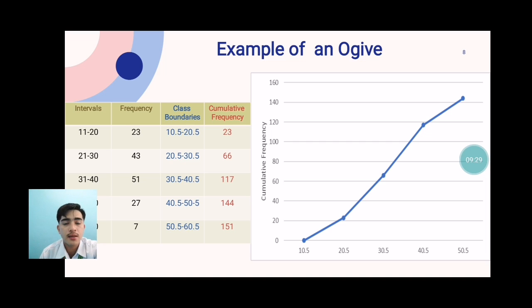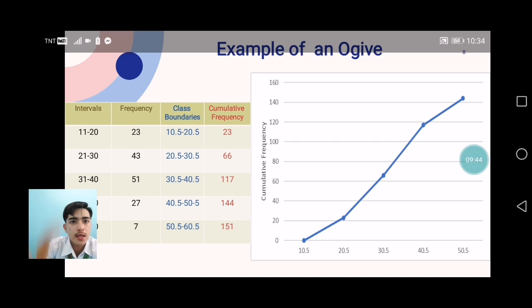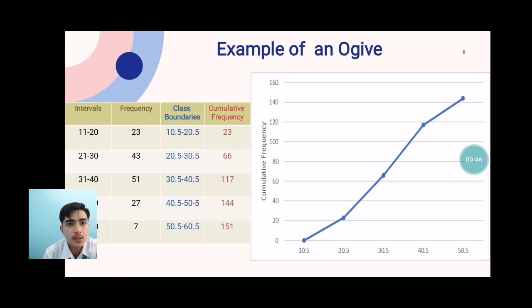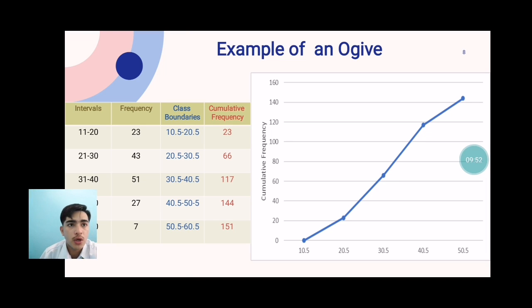Given here are the intervals and the frequency, and we have to get the class boundaries and the cumulative frequency, which we need to solve in order to get an ogive.